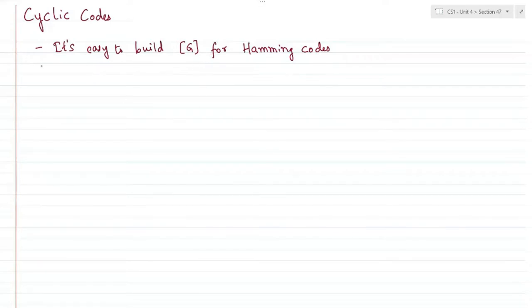Cyclic codes, on the other hand, come with two important features with which the job of building a generator matrix becomes easy. One important property of cyclic codes is that they have a nice mathematical structure.